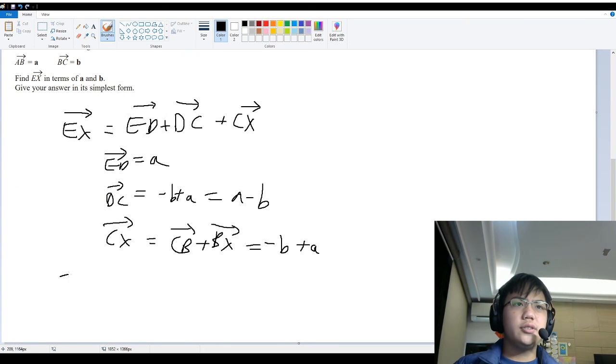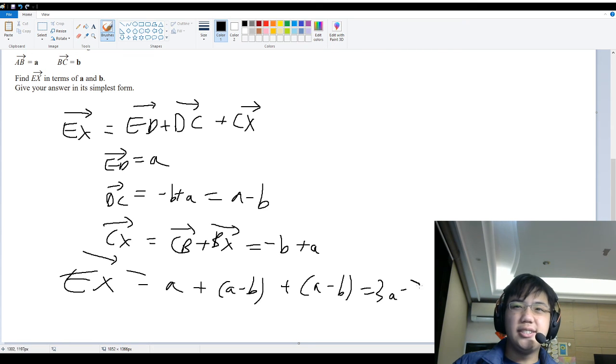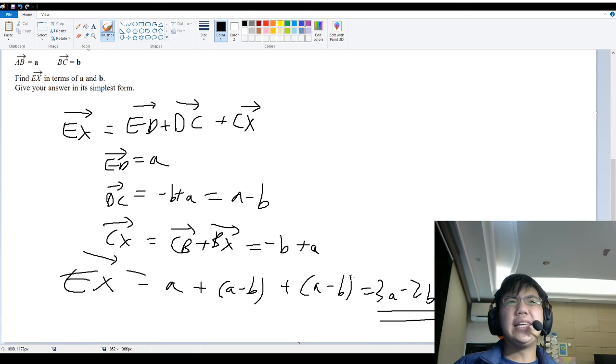So therefore, EX equals a plus a minus b plus a minus b, which equals 3a minus 2b. This is the way you can write vector EX in terms of a and b.